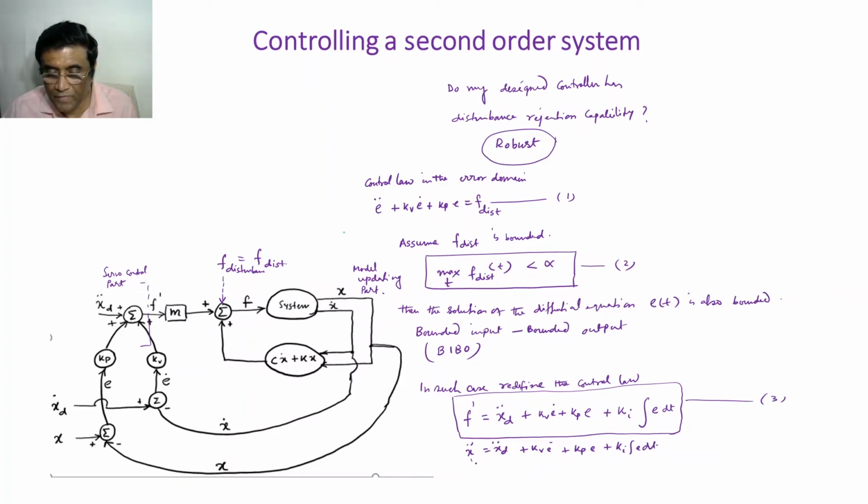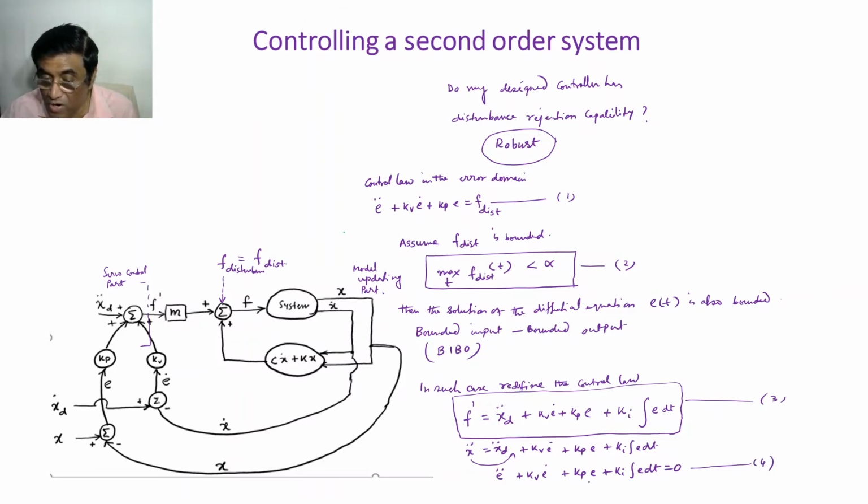So just like earlier, plus kv e dot plus kp e plus ki integration e dt will be equal to 0.